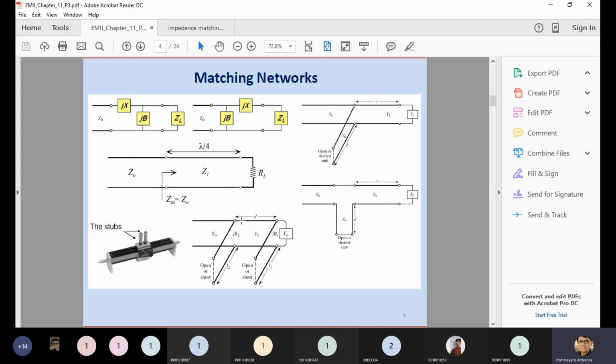Now there is one software you can utilize, the Smith chart software. I will just give an overview of how you can utilize this particular software.